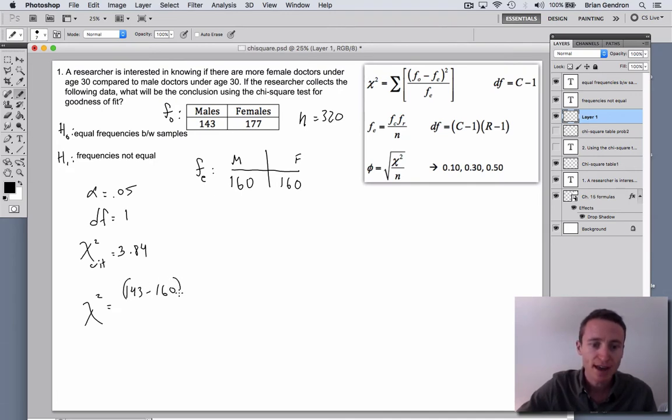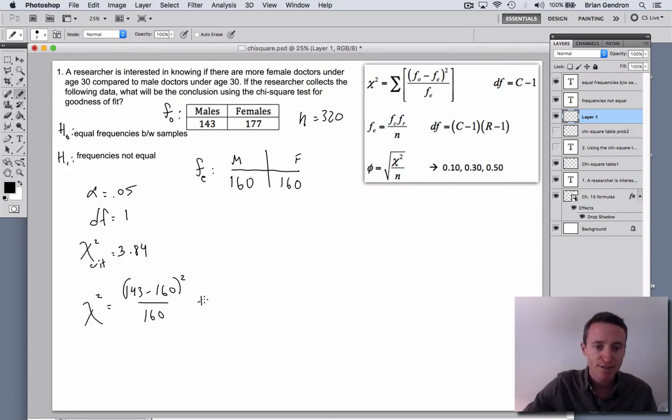We square that difference, and the reason we square that difference is to get rid of the negative sign. We only care about distance in the positive sense because larger values tell us that there's a larger discrepancy between what we observed and what we expected based on H0, the null hypothesis. All right, and then finally divide by the expected frequency once again because everything is relative based on what you expected in this particular context.